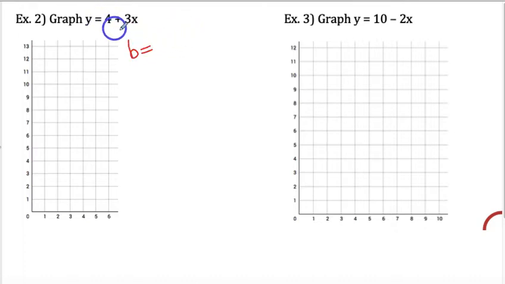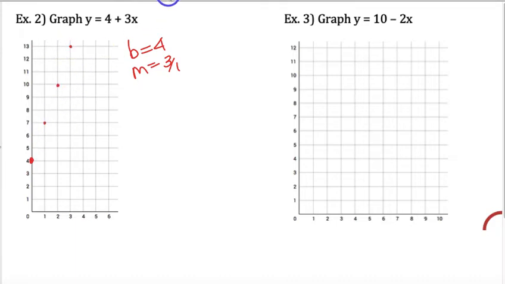Our y-intercept here is 4, and our slope, or our unit rate, is 3 over 1 for the rise over the run. So we are going to start on the y-axis at 4, and we're going to increase with a rise of 3 and a run of 1. And you want to plot at least 3 points to make a straight line.